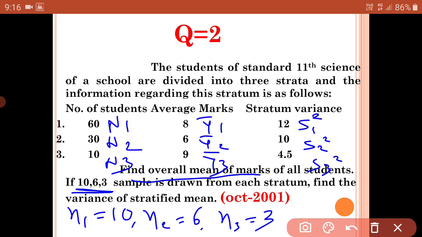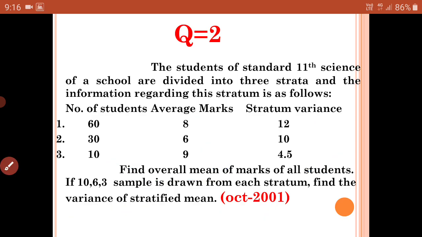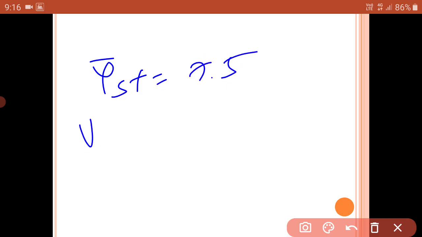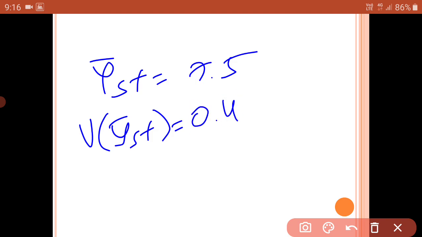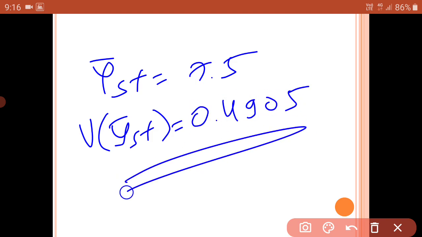Okay, if you calculate this question, your answer for y bar st will be 7.5 and for v of y bar st your answer will be 0.4905.